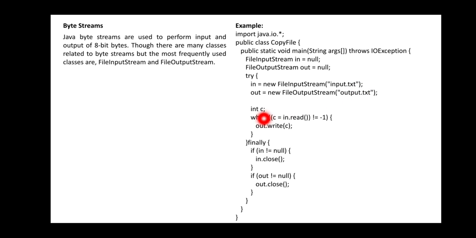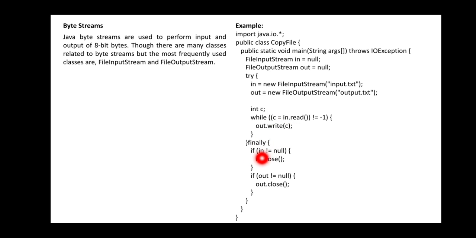So int c, while c is equal to in.read, not equal to -1. -1 means until it reaches the end of the text, each and everything will be dumped into the out stream. Just see here, out is there. out.write means take the information from the input file and write it within the output file. Until it reaches the last line, it is going to write each and everything over here.